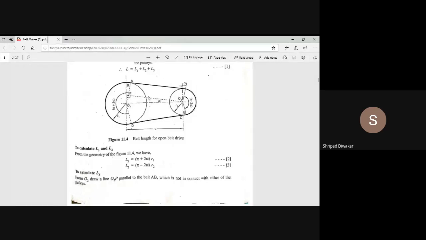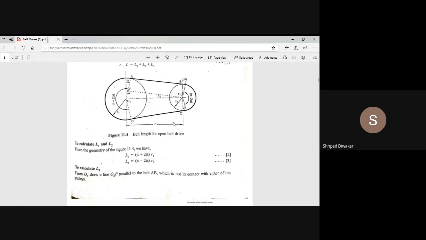The same equation you'll get on the bottom side also, because it is symmetrical. Hence we can say that there are two lengths, not one length. We found out only one length, so for finding out the total, you are going to multiply by 2 or twice.